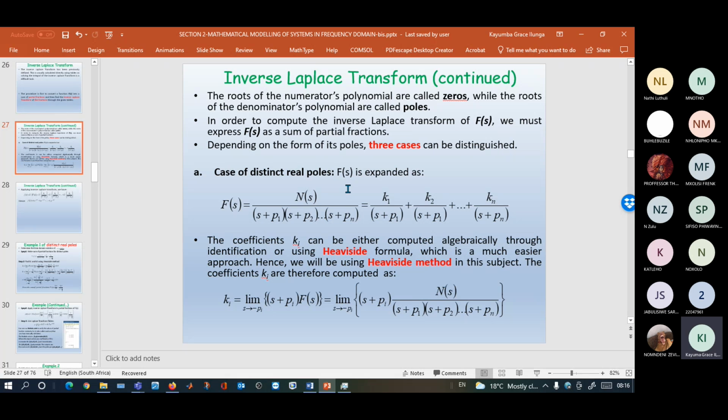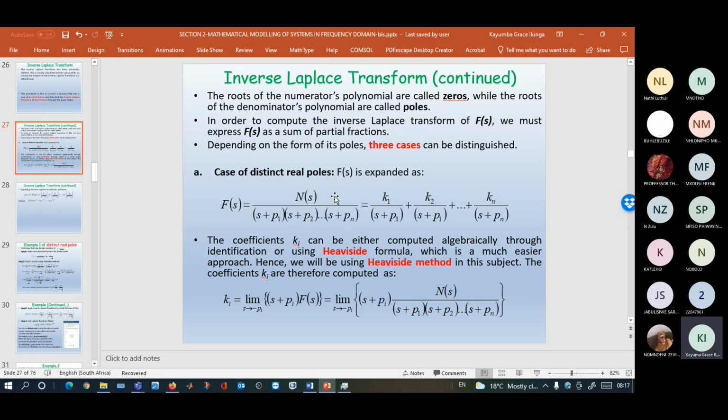So as you can see, when we're talking about the inverse Laplace transform, there are two things that I want to emphasize that are very important, what we call the zeros and the poles. Please, guys, put this in your mind. We call zeros and poles when we have a function with a numerator and denominator. The zeros are the roots of the numerator of the function, and the poles are the roots of the denominator.